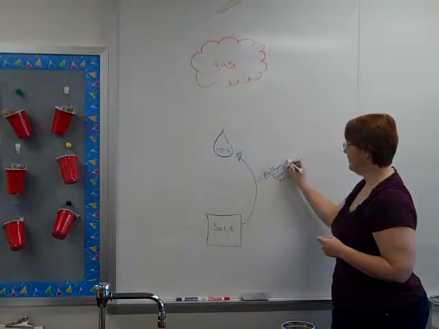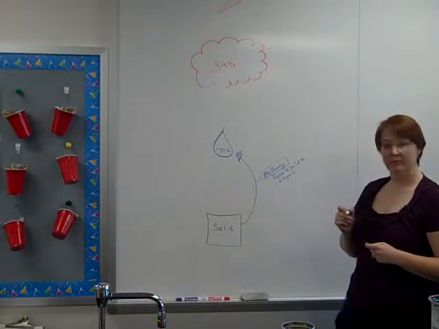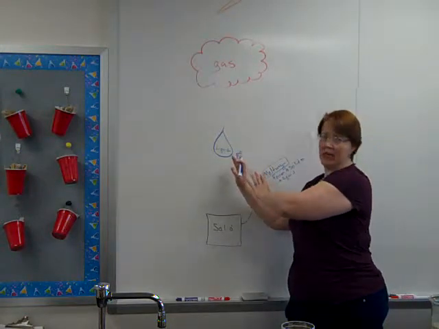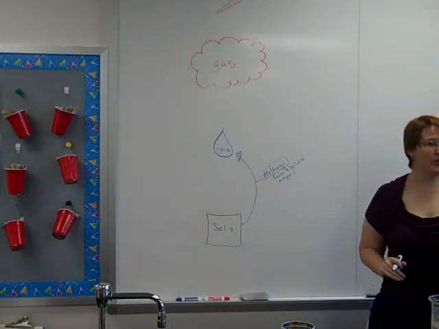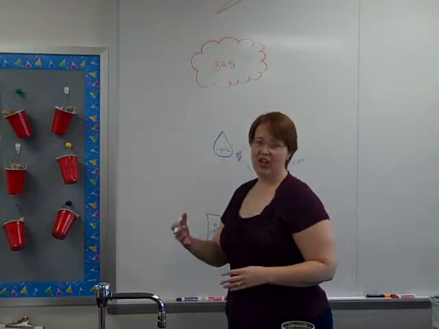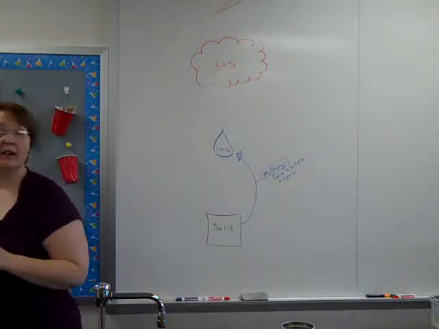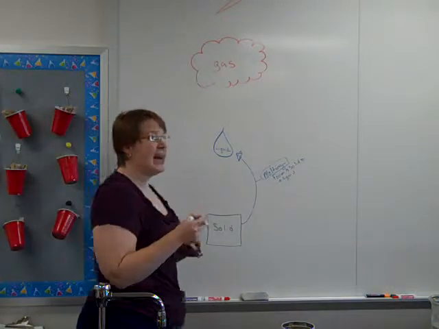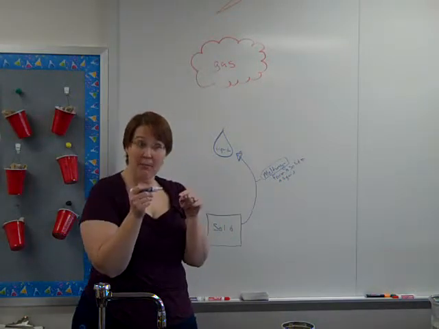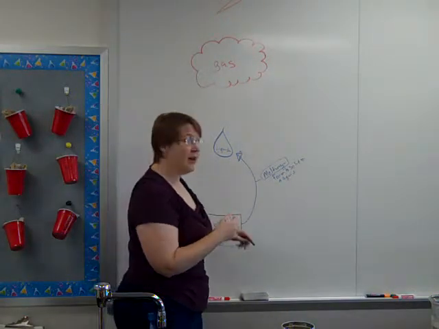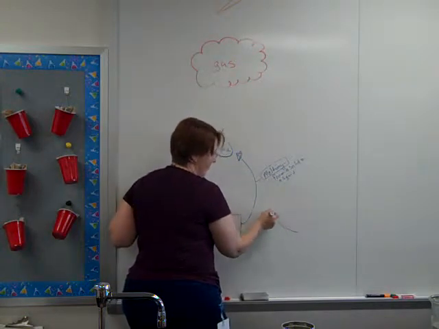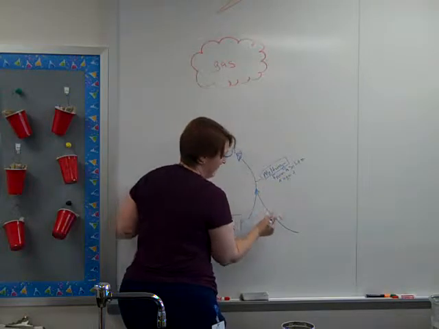Melting is the term that you'll need to know. Does energy have to go in or come out in order for this change to happen? Come in. It has to get more. So if it gets more, it has to come from the room. All right? So energy has to go in to make this happen.